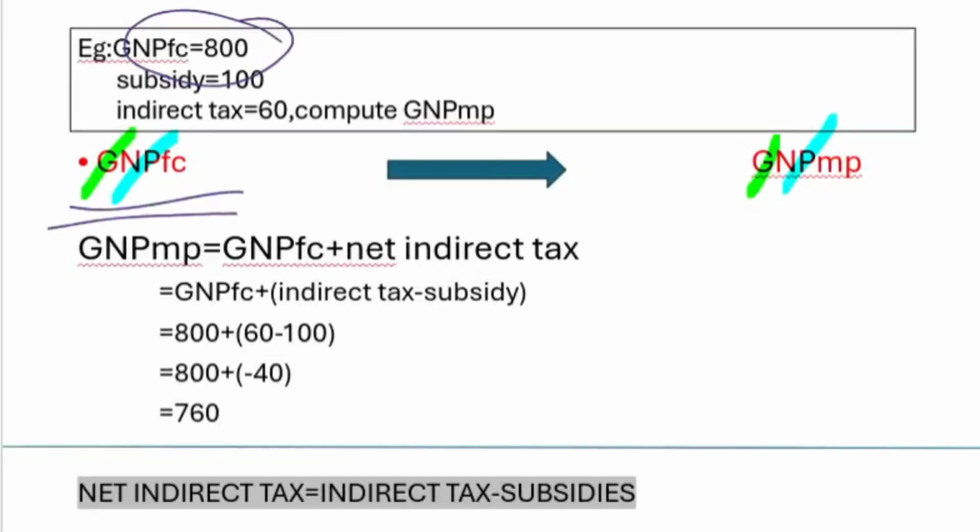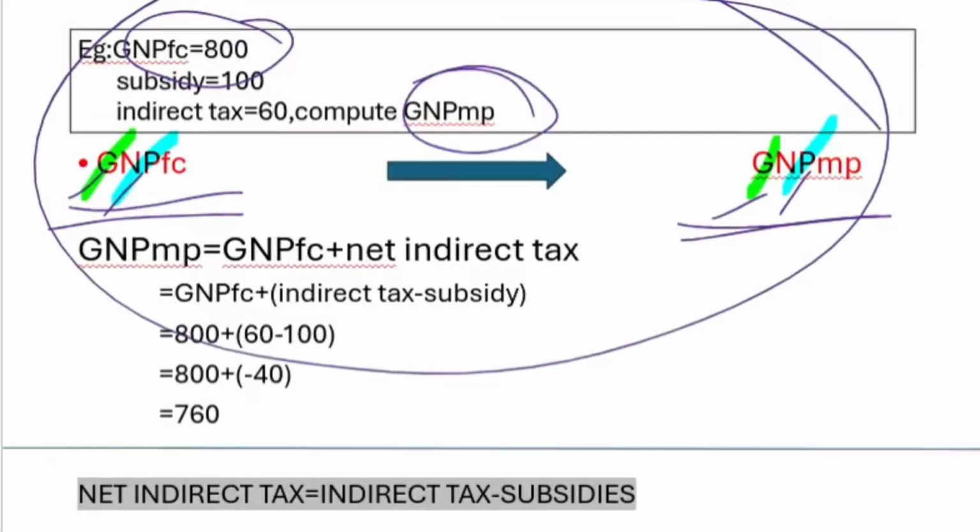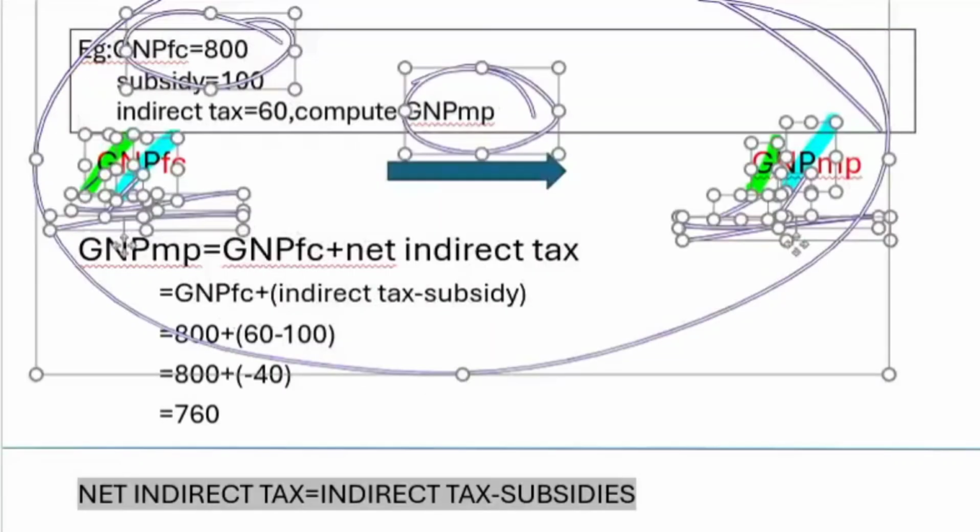GNPMP. Okay. So the same process: what we have on the left hand side and what we want on the right hand side. We'll strike off the like terms, G and net national product. Yes. Now what are we left with? We need to convert factor cost to market price. For that we know that net indirect tax is to be added to GNPFC.